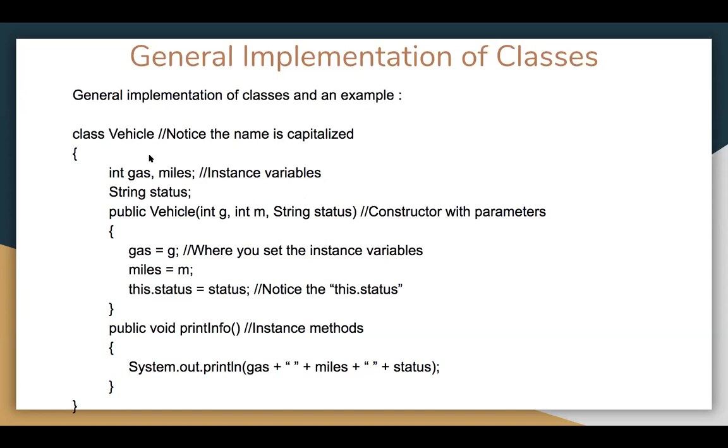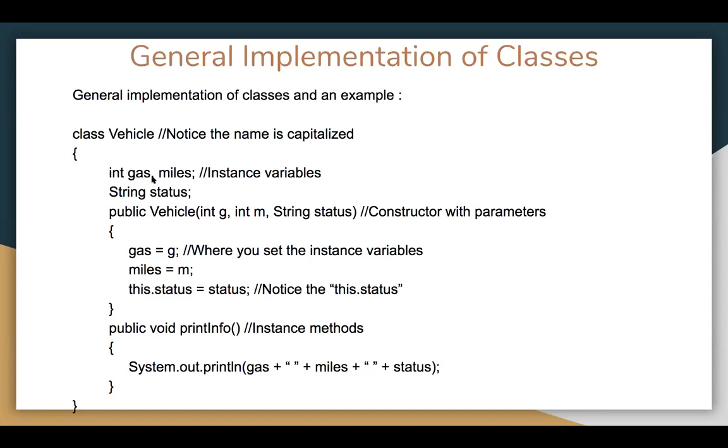Next, in between brackets, like we usually have in Java, you can see that we have these weird variable kind of things. These are what we call instance variables, and I'll go more deeply into what instance means. But think about it as variables that haven't been set yet. This is one variable. So gas is a variable, and it's an integer.